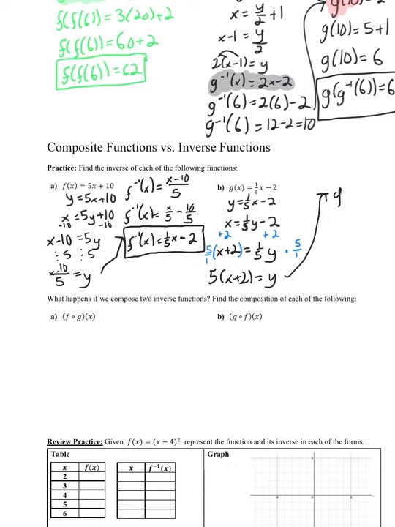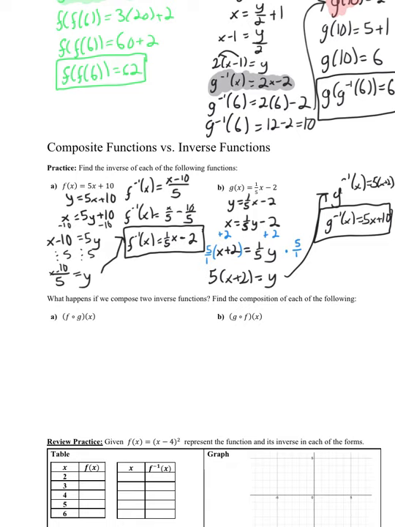And then I'll write that as g inverse of x. And then g inverse of x is 5x plus 10. That's the idea for finding f inverse of x and g inverse of x.